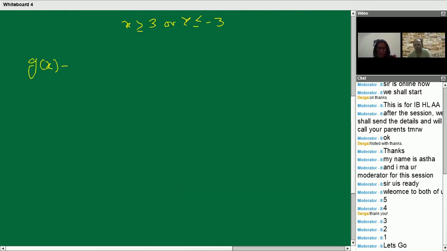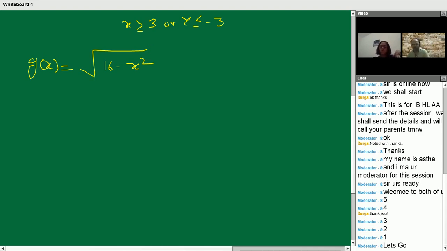Now we'll try one more thing. g of x equals to this. You have to get the domain. So it's either less than or equal to negative 4 or more than or equal to 4.